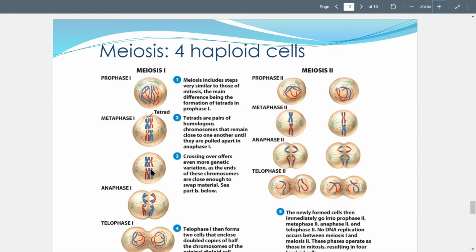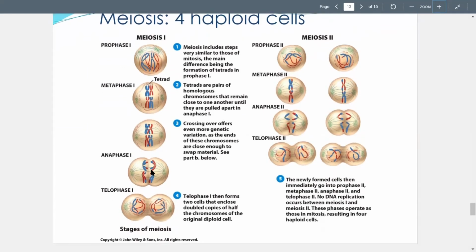If you read number 3, it says crossing over offers even more genetic variation. The ends of these chromosomes are close enough to swap material, so they're going to swap and create more genetic variation. This is kind of helping determine whether this cell is going to be a female or a male.